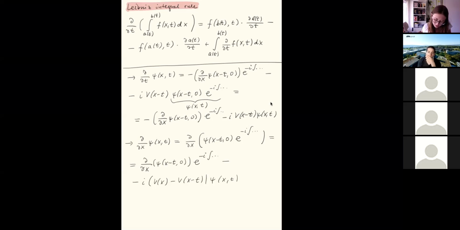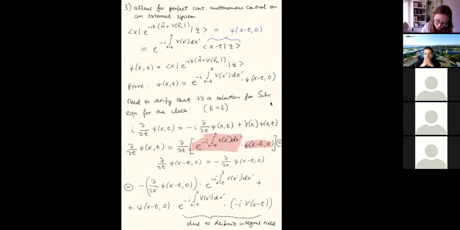Okay, and then we see the following, that we needed to show that this equation holds.